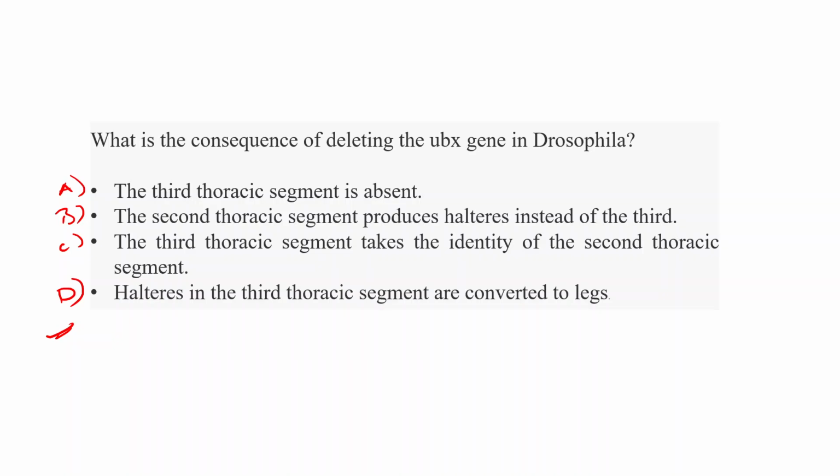B. The second thoracic segment produces all halters instead of the third. C. The third thoracic segment takes the identity of the second thoracic segment. Or D. Halters in the third thoracic segment are converted to legs.